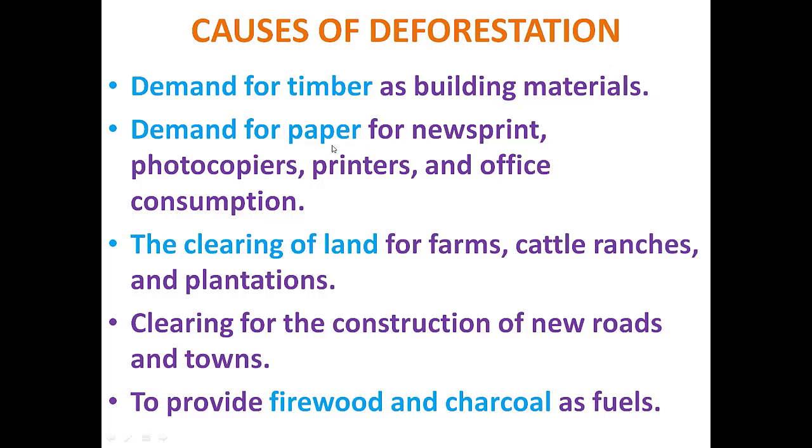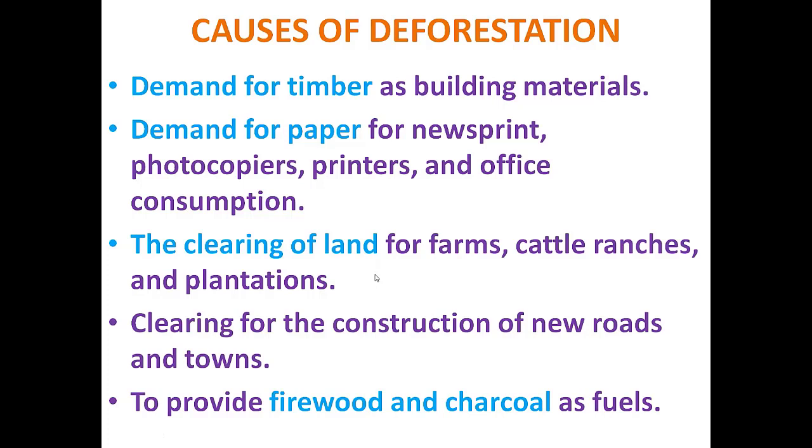There is a lot of demand for paper. So because of the demand for paper, deforestation is taking place. Also, another cause is the clearing of land for farms, cattle ranches, and plantations, and also for the construction of new roads and towns. For all these purposes, the land is cleared off. It means the forest is removed.